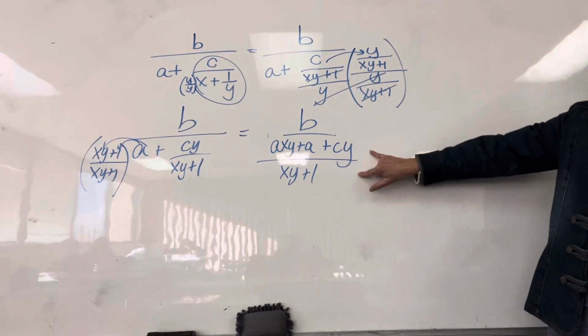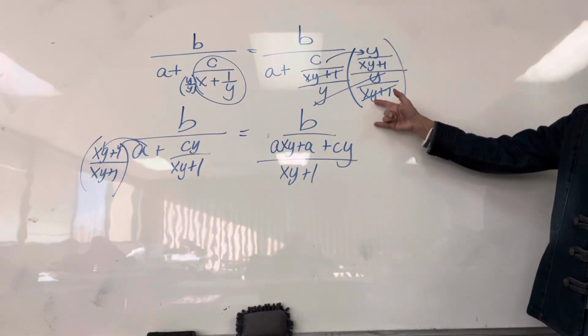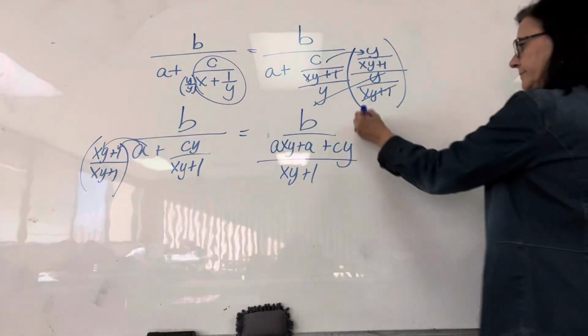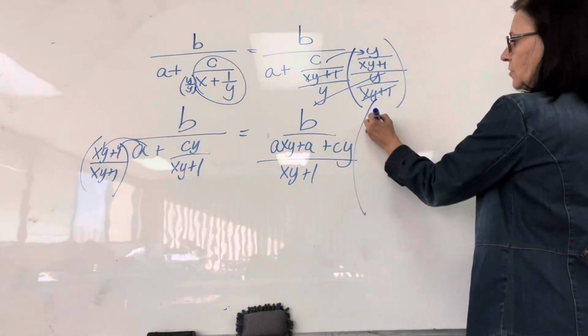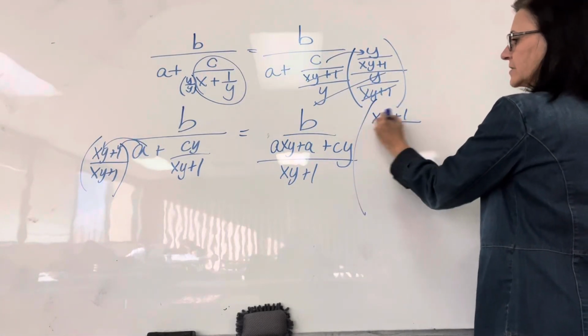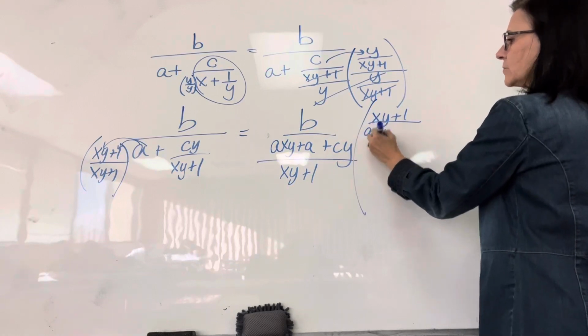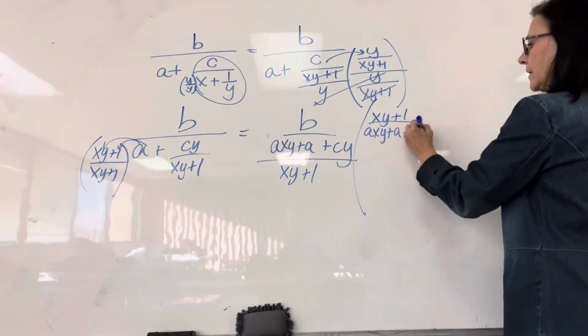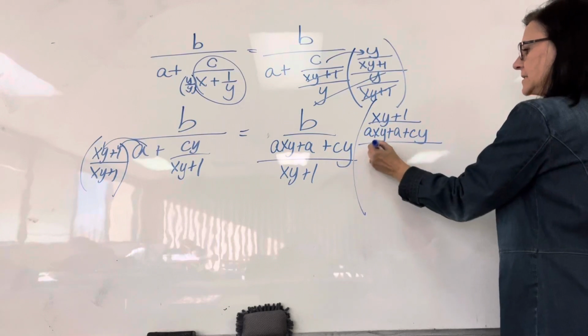Now I take this denominator, multiply it by the reciprocal over itself. So I multiply by xy plus 1 over a xy plus a plus cy over itself.